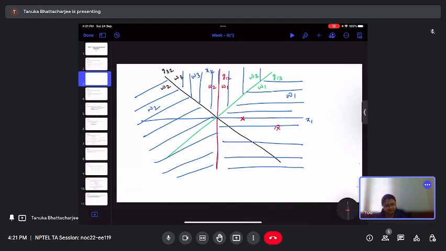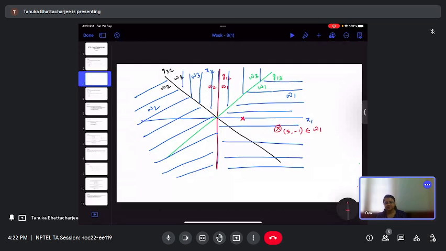It will be somewhere here. As we have already obtained that this region belongs to class omega 1, this unknown feature point belongs to class omega 1.